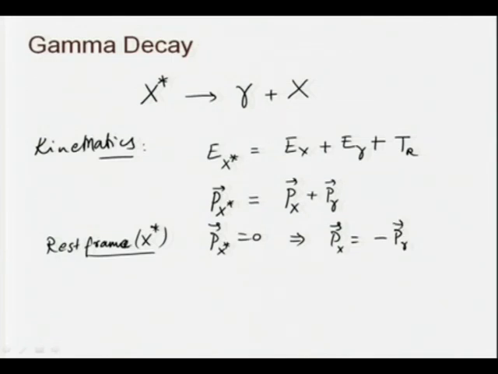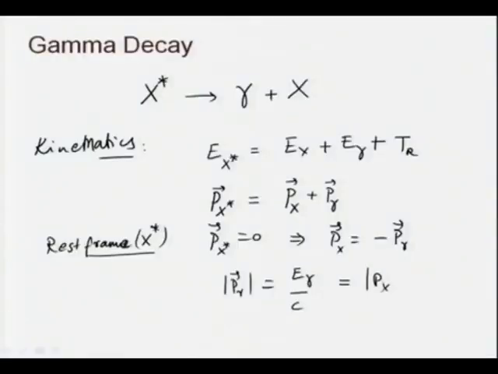The magnitude of the photon's momentum is equal to the energy of the photon divided by the speed c, because it is a massless particle, the only energy is the kinetic energy, and therefore the momentum related to this motion is energy divided by c, which is in magnitude also equal to P x, the magnitude of the momentum of the daughter nucleus.